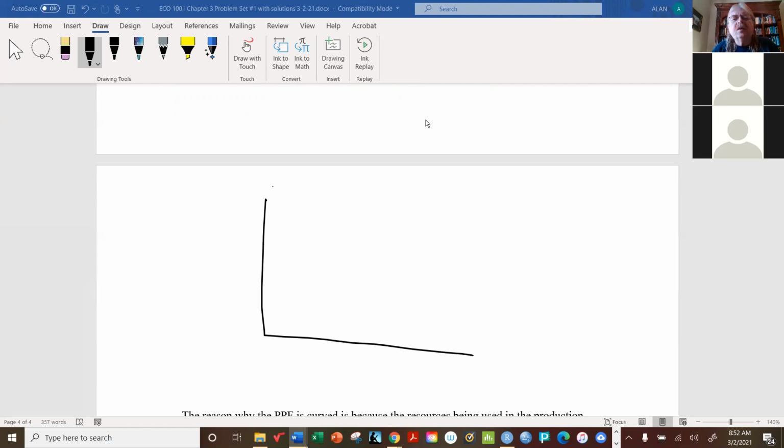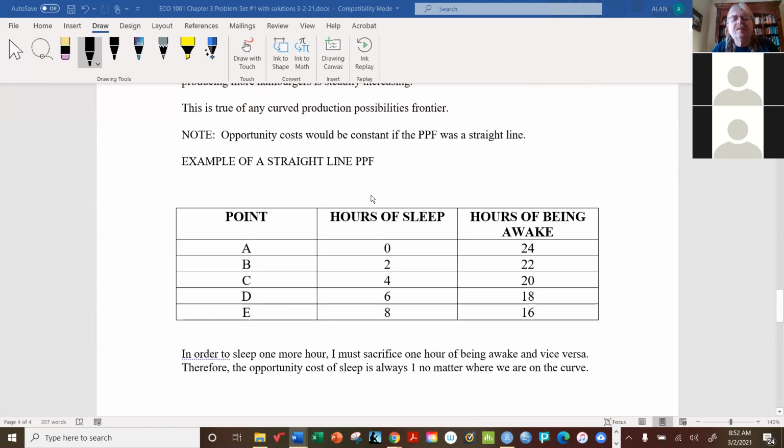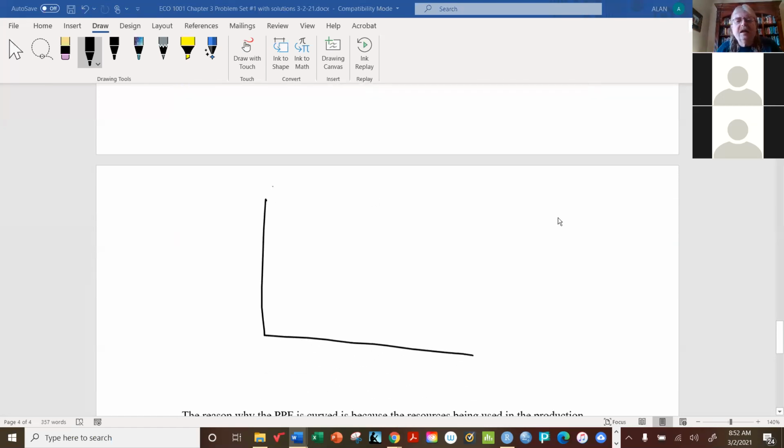So here you would put, let's say, sleep on the vertical axis and awake here. And then both of these would start at 24 hours. And then you would have combinations like, let's go down here, let's say 8 and 16.